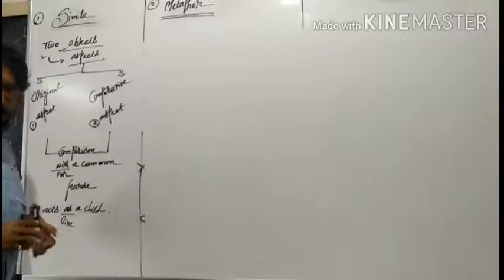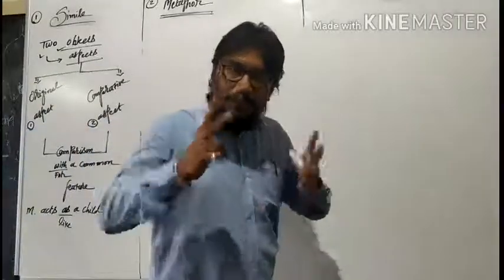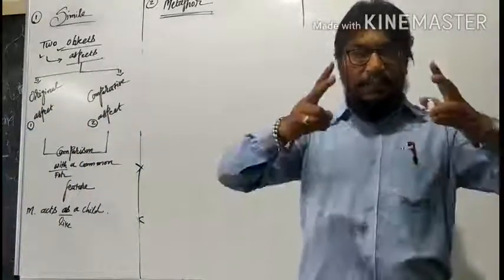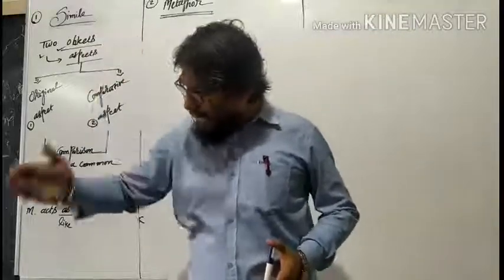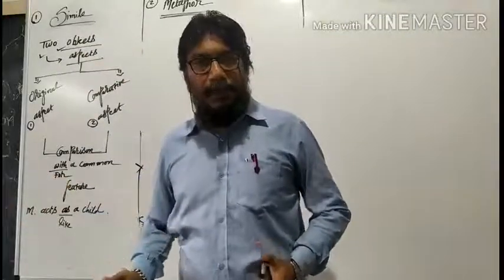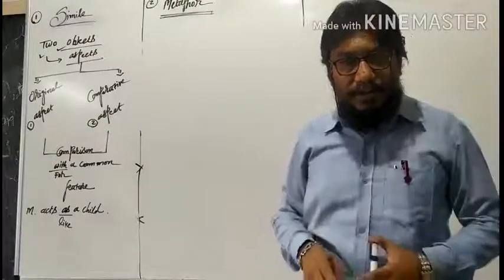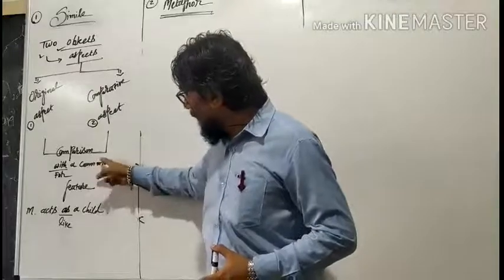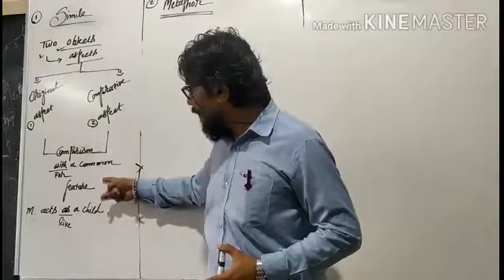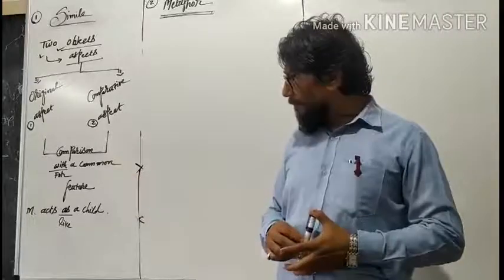Once again, there will be minimum two aspects. With these two aspects, there will be a comparison between the first object and the second object. There will be a common characteristic between these two, and with that common feature, the comparison will be given.